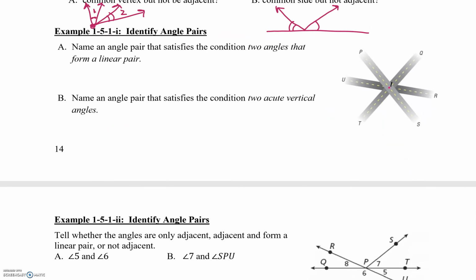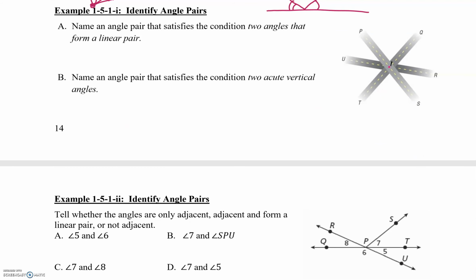All right. Name an angle pair that satisfies the condition of two angles that form a linear pair. So over here, I is in the middle there. So an angle pair that, let's start with PIQ, this angle here, and that forms a linear pair, and QIS, this angle here, that forms a linear pair.